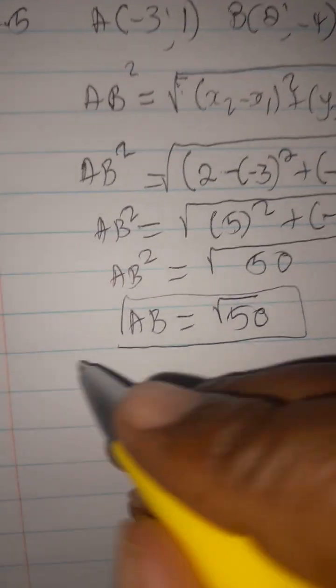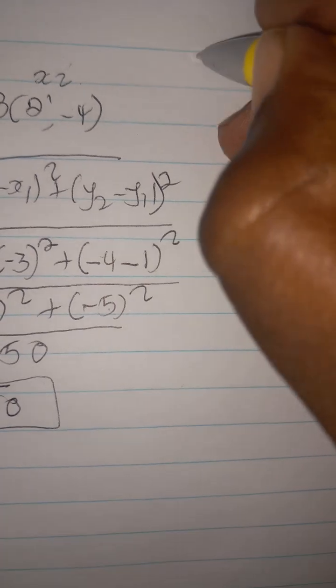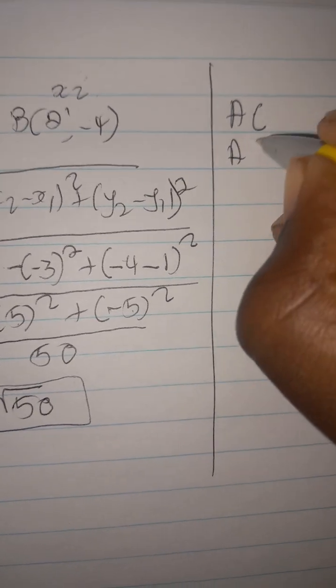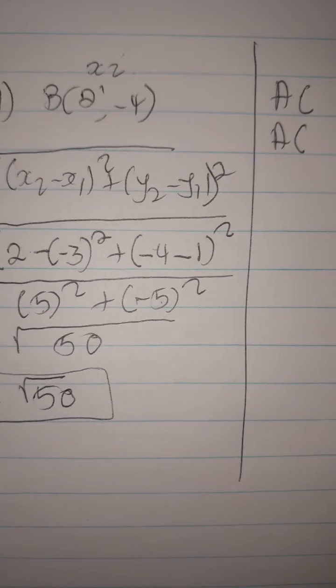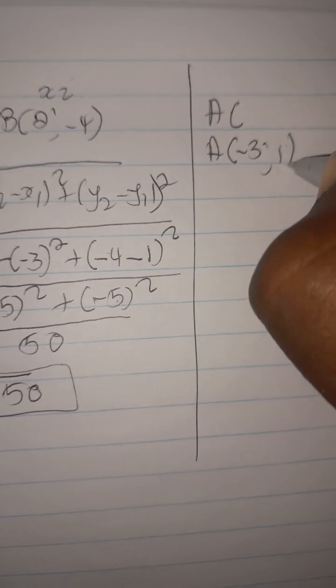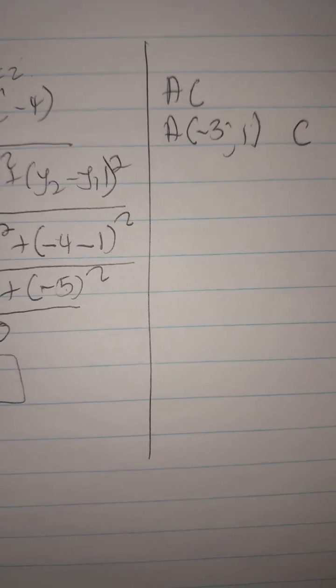Now let me just do it on the side. Let's calculate now the length of AC. Remember that at A, you were given negative 3 and 1. Let's look at C. At C, we were given 5 and negative 3. So this is our x1 and this is our x2.